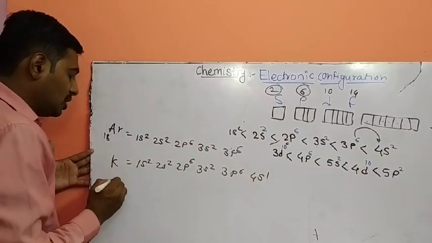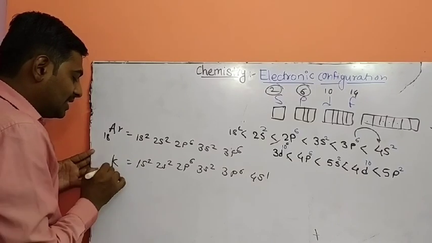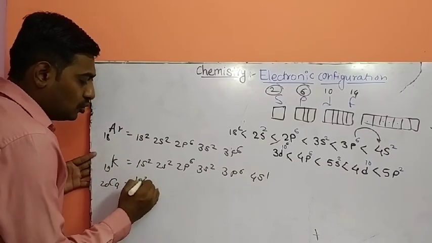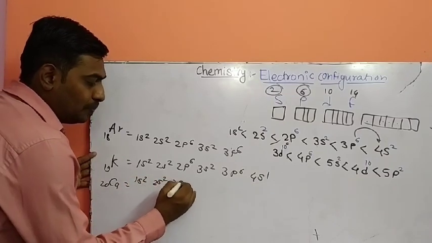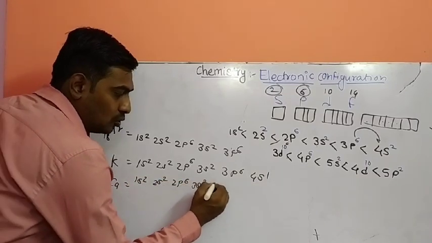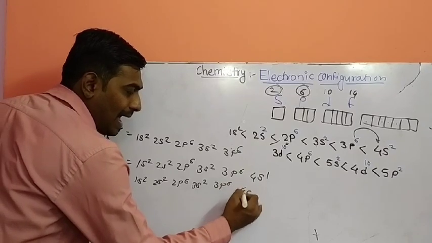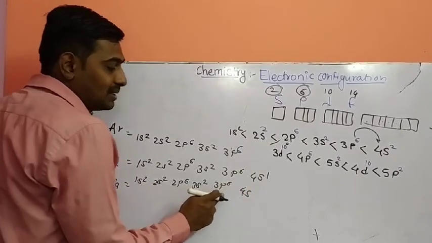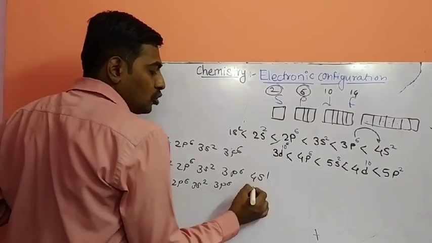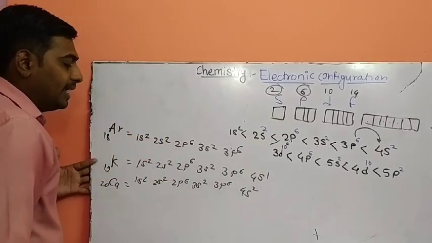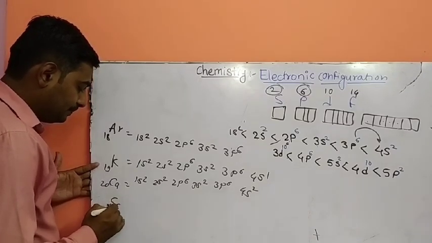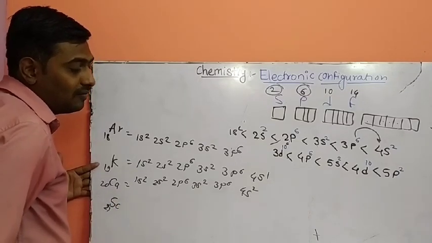If the atomic number is 20, that is calcium, then 1s2, 2s2, 2p6, 3s2, 3p6 and 4s2: 2 plus 2 plus 6 plus 2 is 12, plus 6 is 18, plus 2 is 20. Next, atomic number 21, scandium. What is the electronic configuration of scandium?